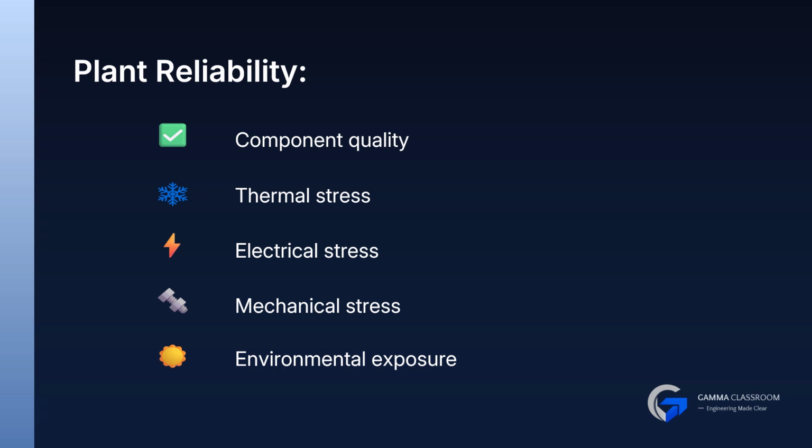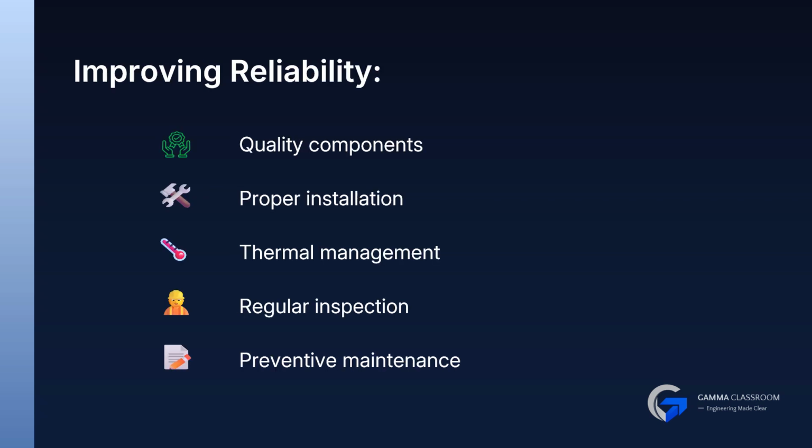Reliability depends on component quality and resistance to thermal, electrical, mechanical, and environmental stress. To improve reliability, use quality components, ensure proper installation, manage heat, and perform regular inspection. Preventive maintenance keeps the plant performing for decades.